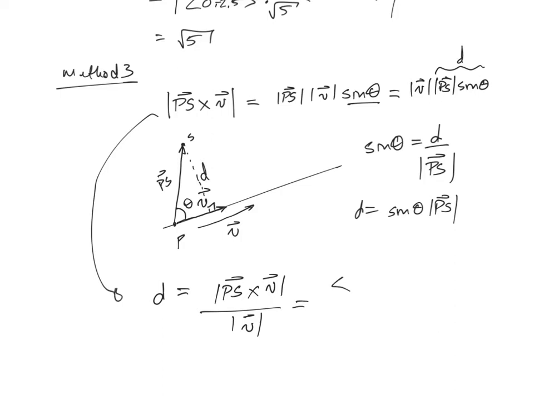PS cross V, if you do that, you'll find that's 152, divided by the magnitude of V, which is what?